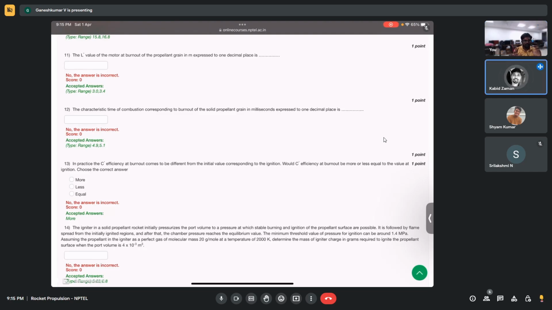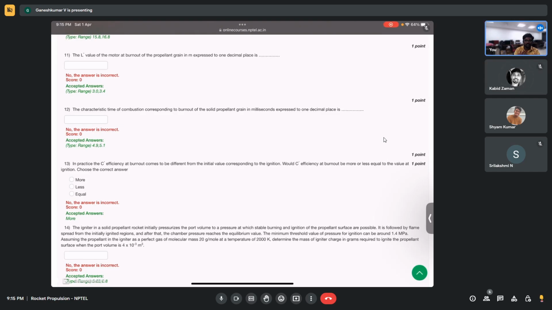So what this question is asking is, corresponding to the ignition means at a particular initial radius, and burnout means at the last radius, at the end of the burning. So both points are equilibrium points, right? Ignition is not an equilibrium point, right?